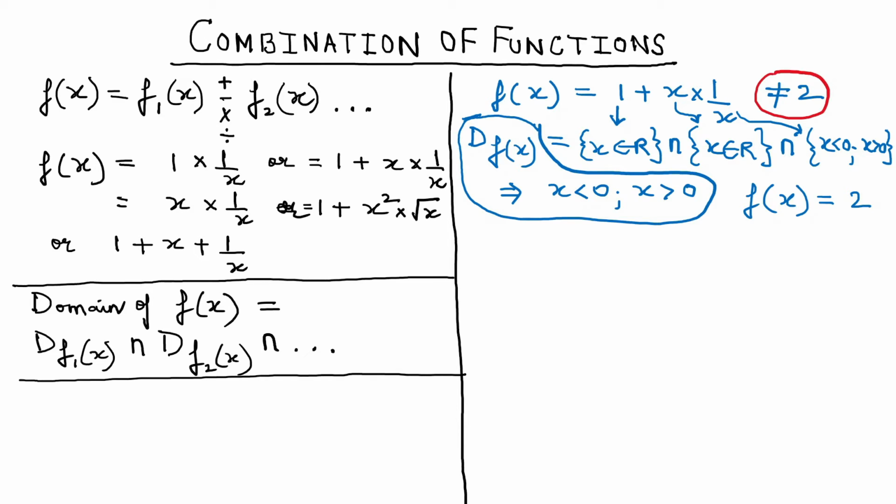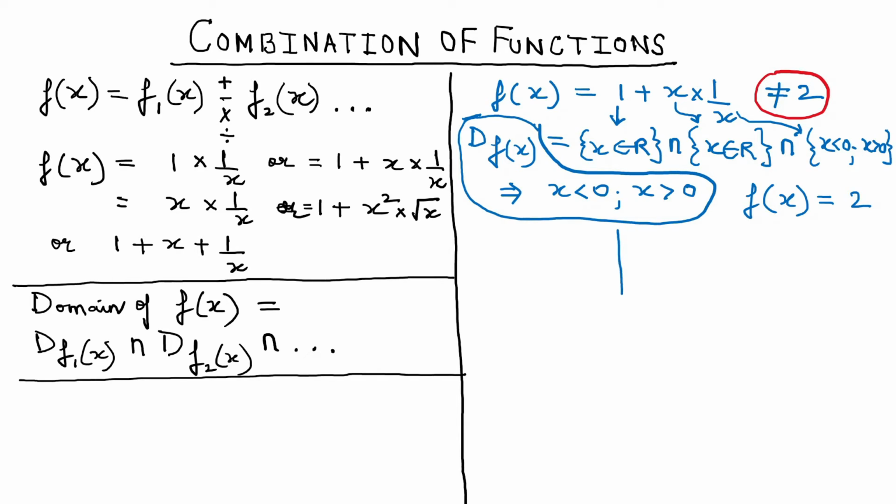So what is the domain and what is the range? The domain is x belongs to real numbers except 0, and the range of this function is 2. So it is a constant range. So can you draw this function? Yeah.